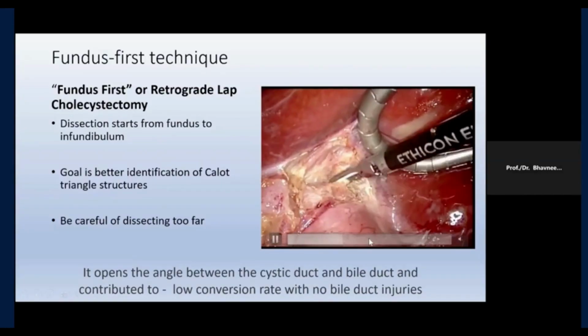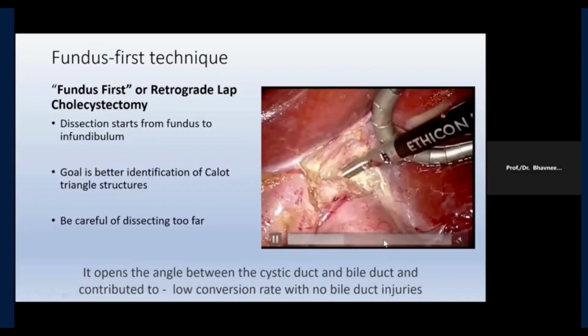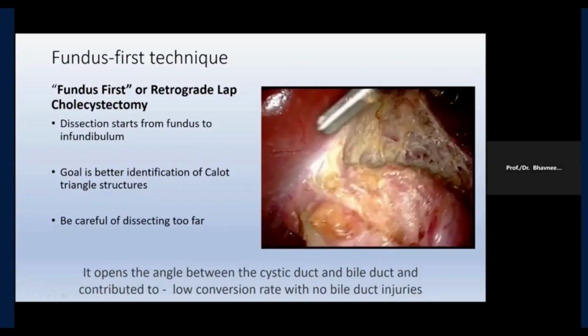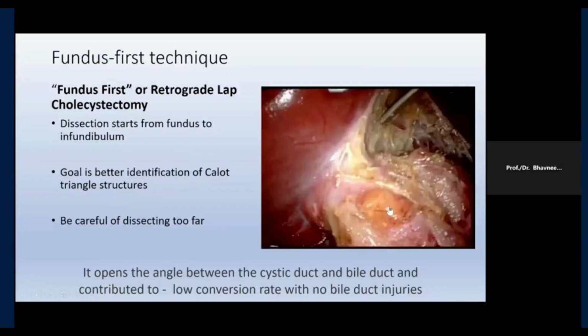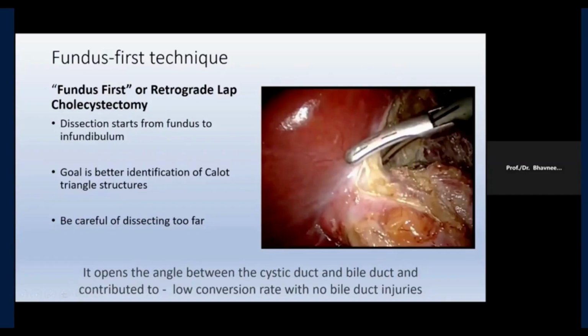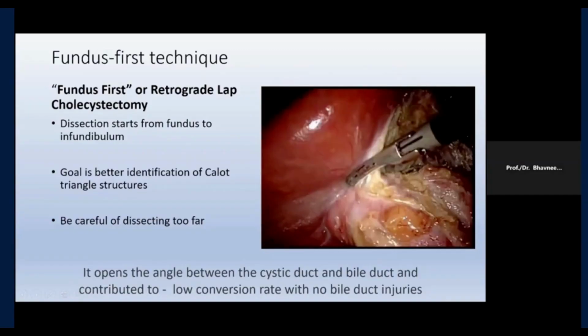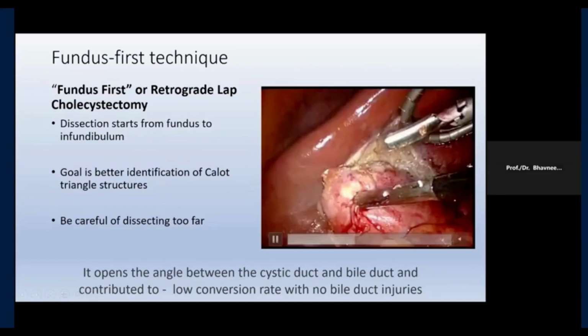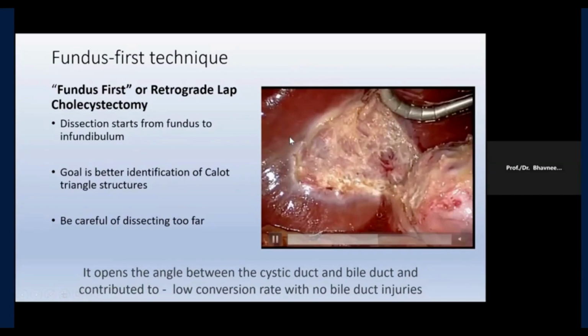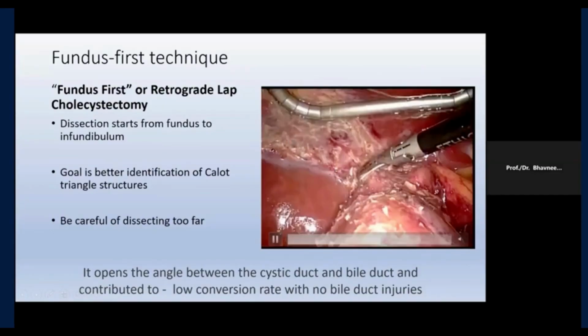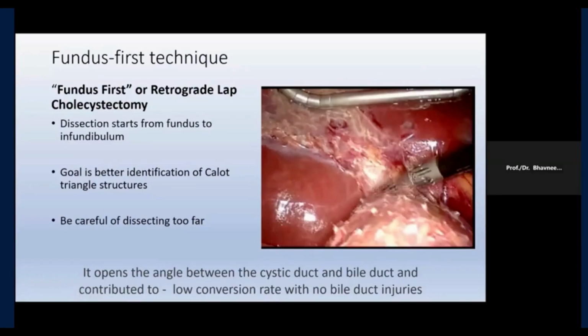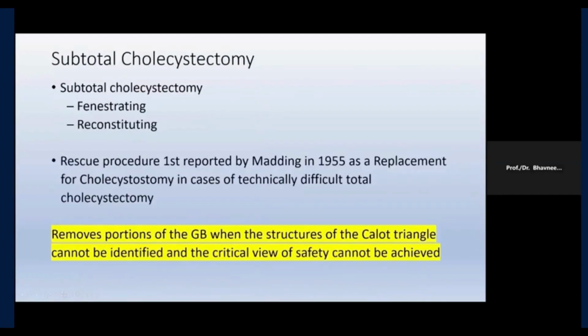So this approach actually helps you open the angle between the cystic duct and the bile duct and contributes to lesser bile duct injuries, and you can actually avoid a conversion to open surgery. Once we have separated the entire gallbladder from the bed, you can clearly identify two and only two ductal structures. So this is a top to bottom approach, a fundus first or a retrograde lap cholecystectomy. This is one of your bailout strategies.